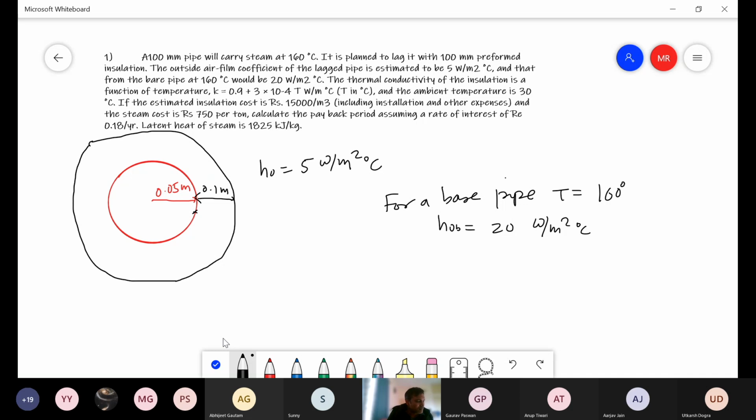So this H naught B is for the bare pipe outside.